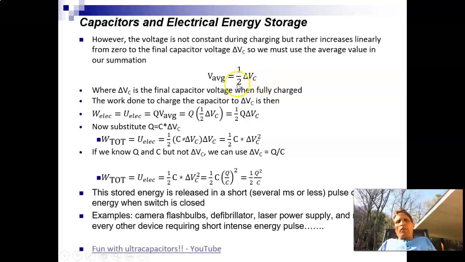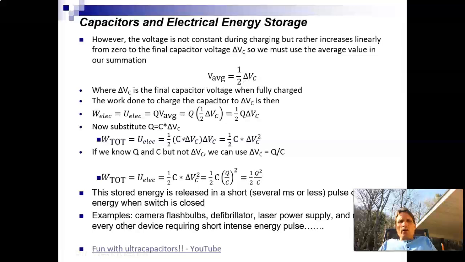So my claim is that we can use the average voltage as the value, which is just the midpoint between the initial voltage, which is 0 when no charge is there, and the final voltage, which is delta VC. If we use the midpoint as the voltage to put in, that's an average value, and that'll be representative of the average conditions.